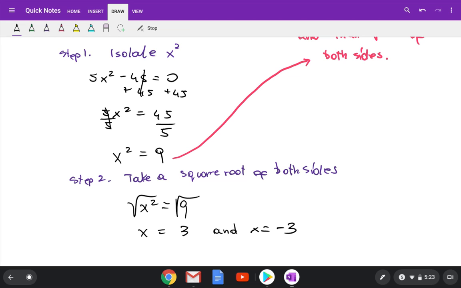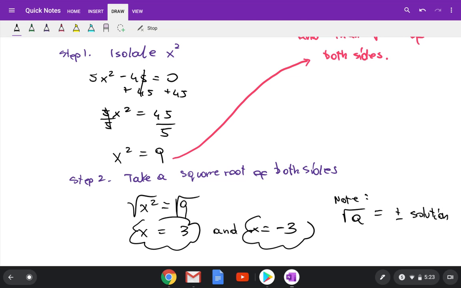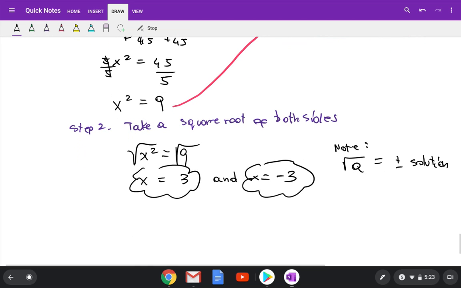So don't forget, square root of a positive number will give you positive and negative solution. Okay, so here we have it. We got our two solutions, x equal 3 and x is equal negative 3. So let's write down the final answer. The solution set is negative 3 and 3.